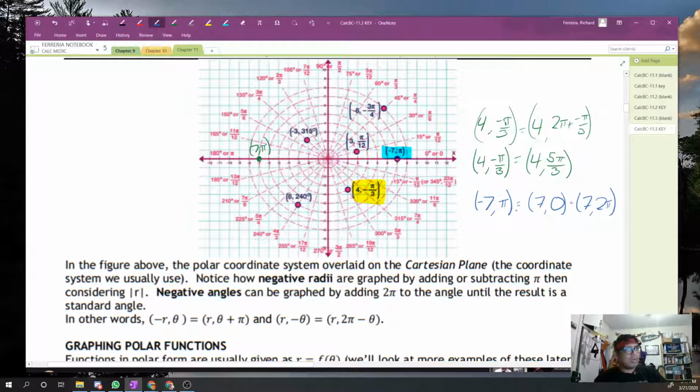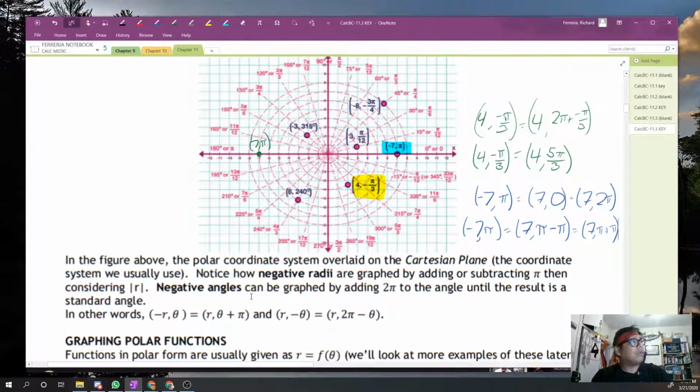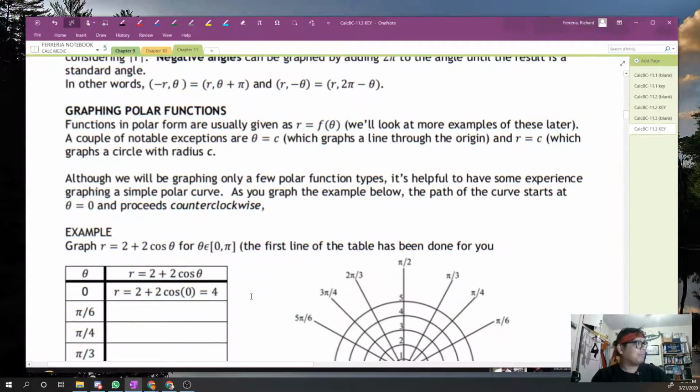So really, negative 7 comma pi is the same thing as 7 and then pi minus pi, or 7 and then pi plus pi. So either of those work. If you have a negative radius, all you need to do is add pi or subtract pi, and you've got yourself the coordinate with all positive radii and angles.